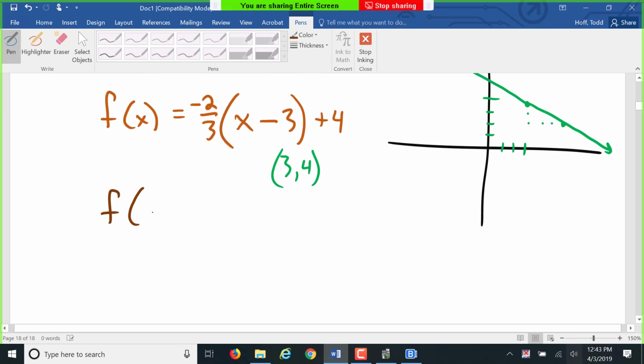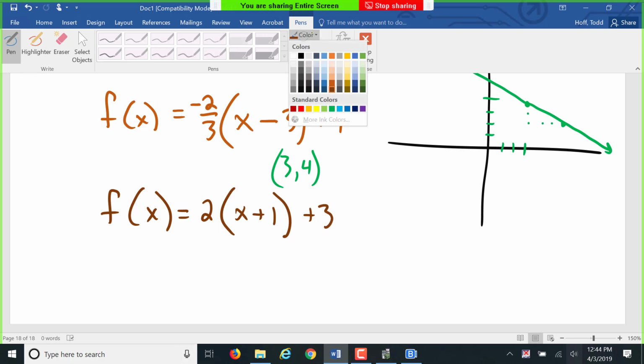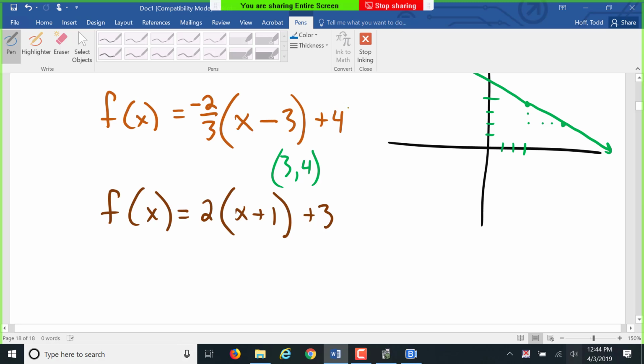If I give you f of x equals 2 times x plus 1, plus 3, that's telling us that that line goes through what point on my graph? Negative 1, 3. Very good. Because it's the opposite of this one. So if it's in the parentheses, it's the opposite, basically?